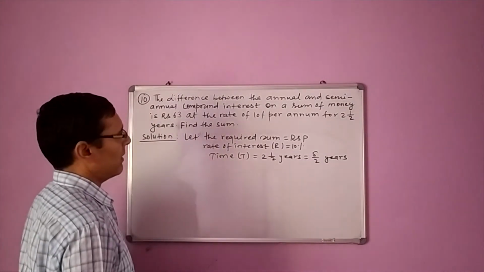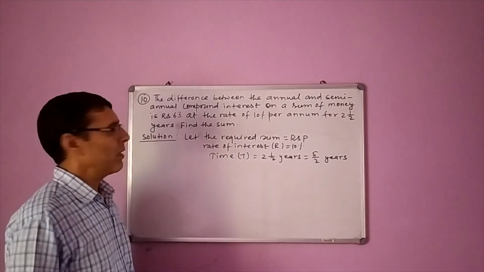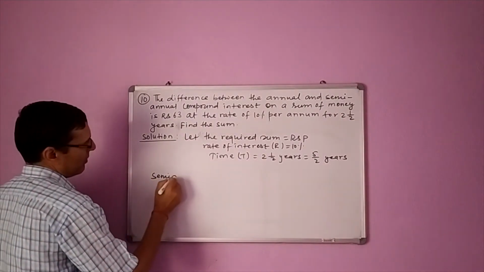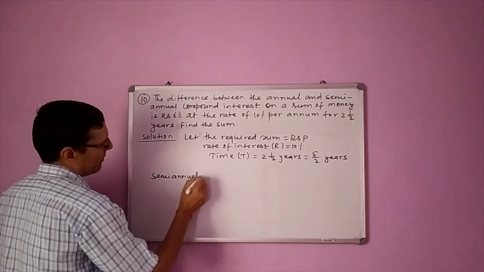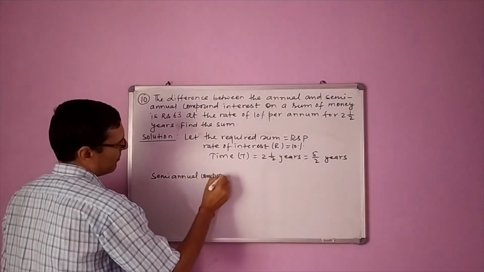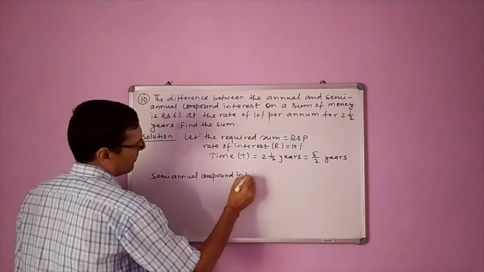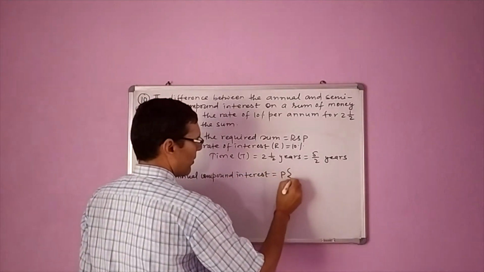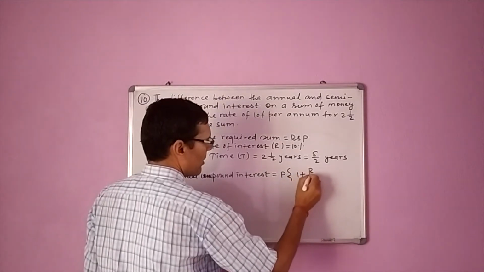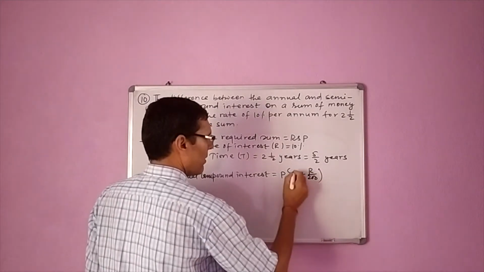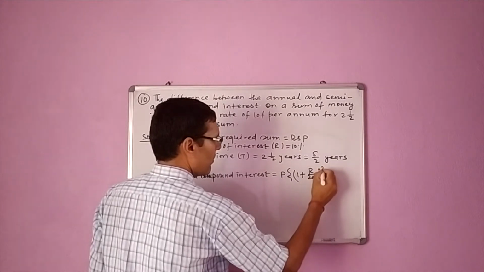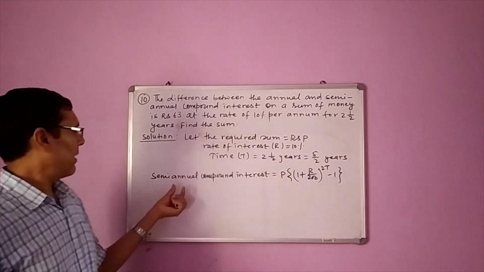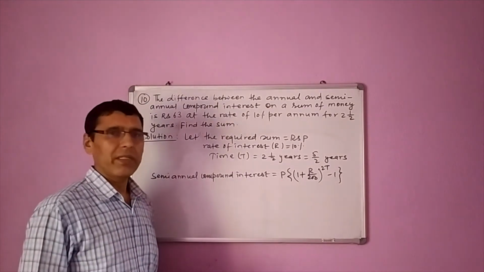So first we are calculating the semi-annual compound interest. Semi-annual compound interest is calculated by using the formula P times (1 plus R upon 200) to the power 2T minus 1. This is the formula to calculate the semi-annual compound interest.